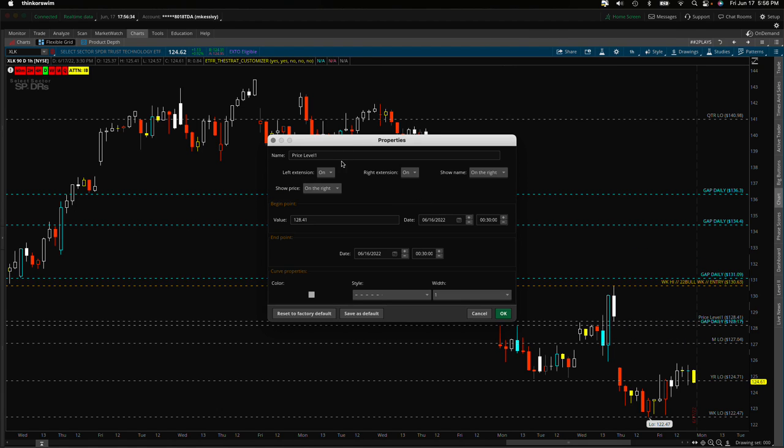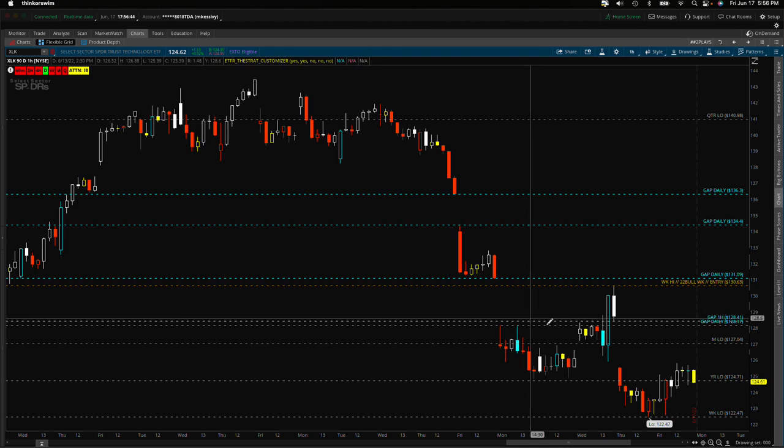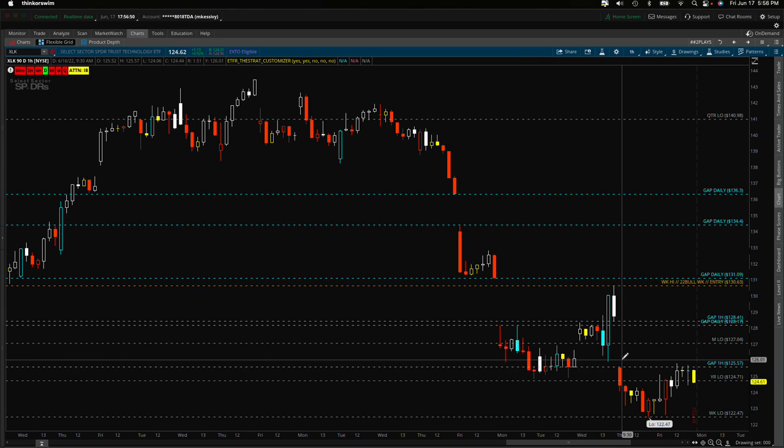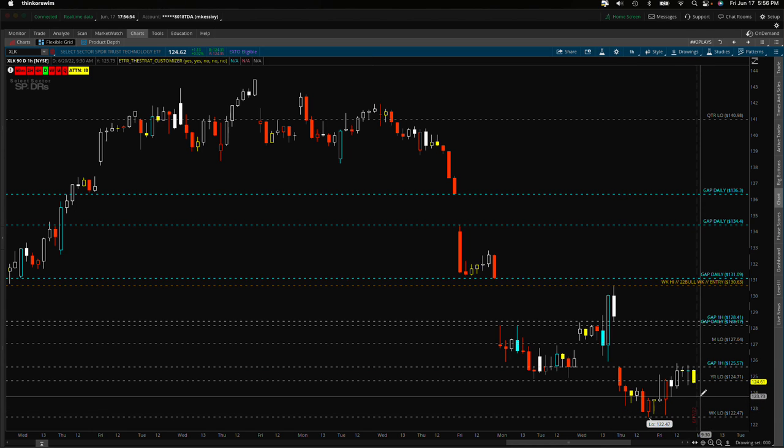So let's mark that, gap 1H. Then we'll duplicate. So now we have all of our gaps identified.